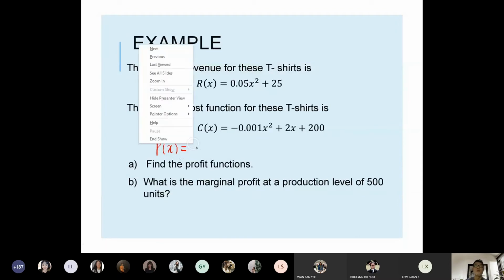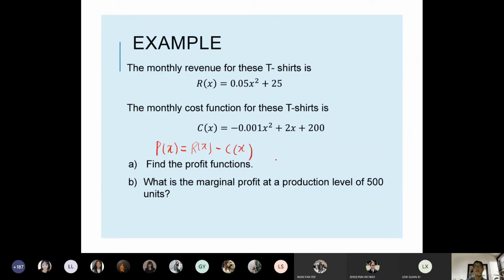So we have the revenue function minus the cost function. So we are taking 0.05x squared plus 25, this is the revenue function, minus the cost function, 0.001x squared plus 2x plus 200.